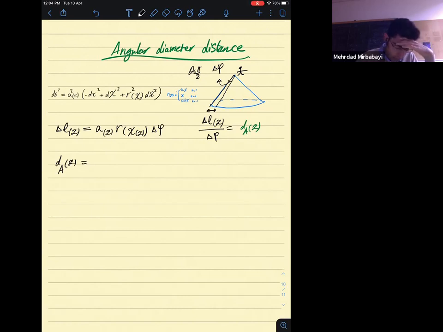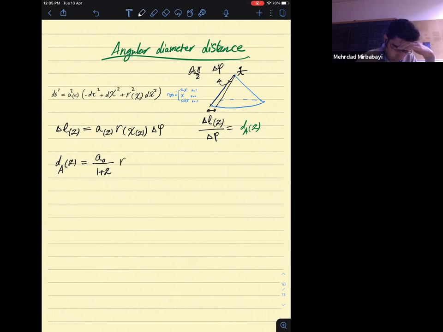So this A of z, I can write it as A naught divided by 1 plus z. So the consistency check is that as I go to larger z, A becomes smaller because I'm going to the past. So this is consistent with that expectation.